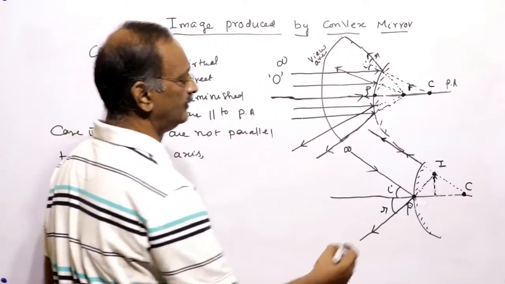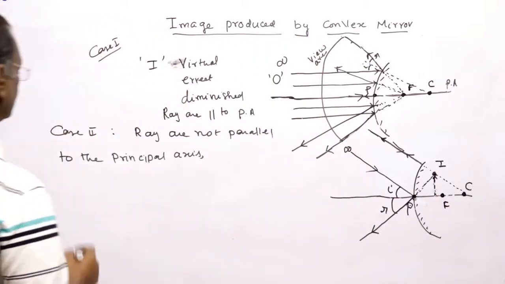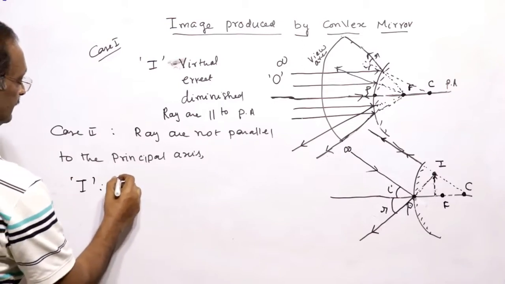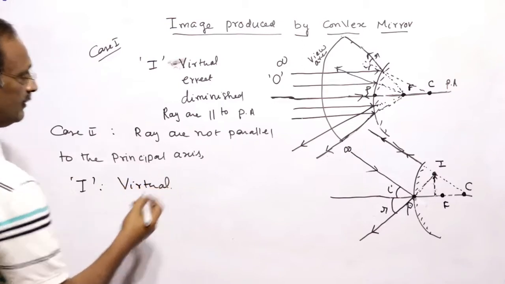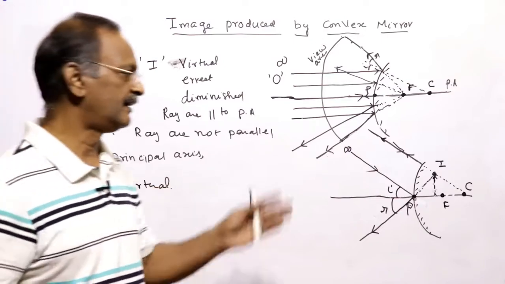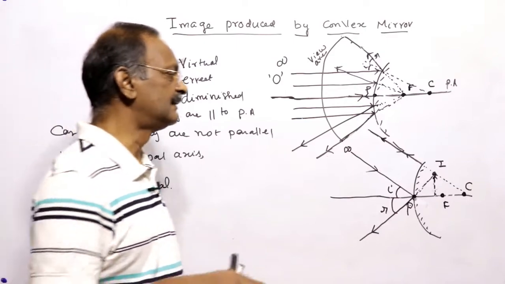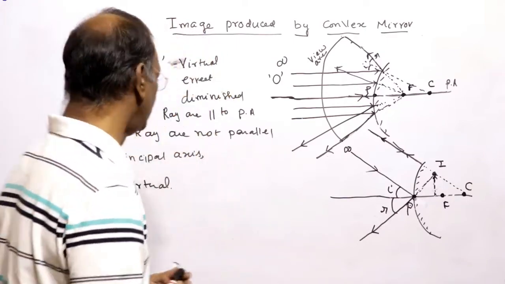The image is formed. Here is the focal length. The image is virtual. Why is it virtual? Because when we extend the reflected rays backward, they appear to intersect at a point. It means the image formed by diverging rays, when produced backward, is always virtual.